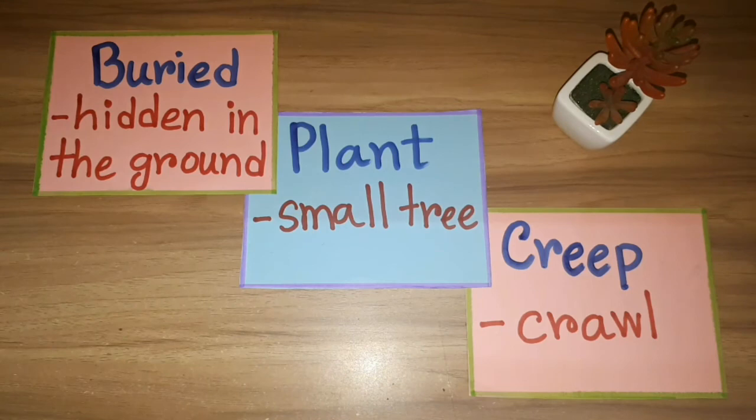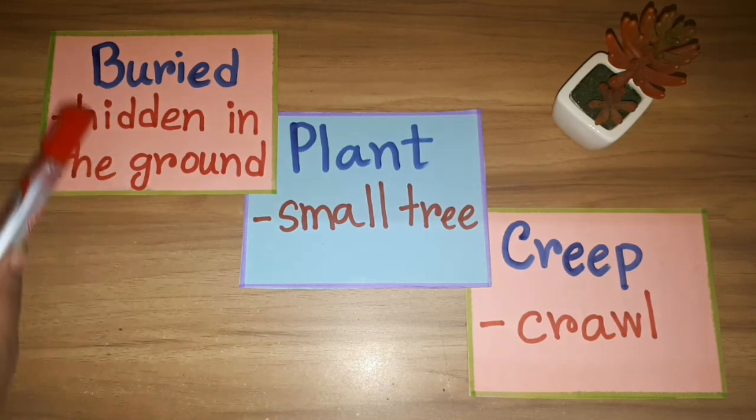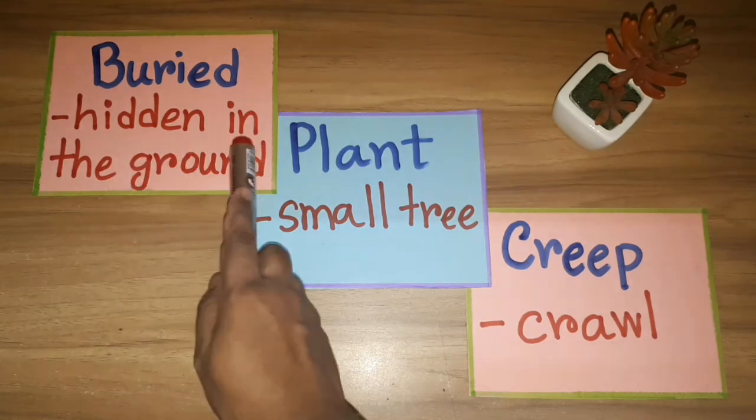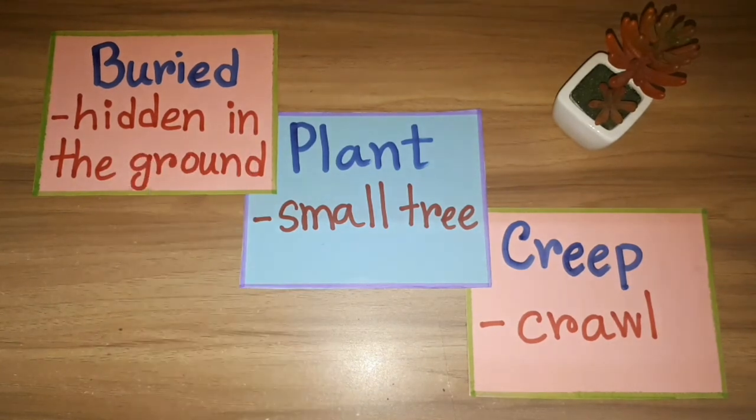From today's poem, we read only 6 lines, and from those 6 lines, we got 3 word meanings. The first word is buried. What does buried mean? Hidden in the ground. When you put something on the ground and cover it with soil, you can call it buried.